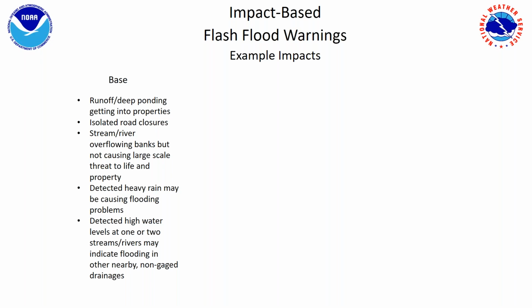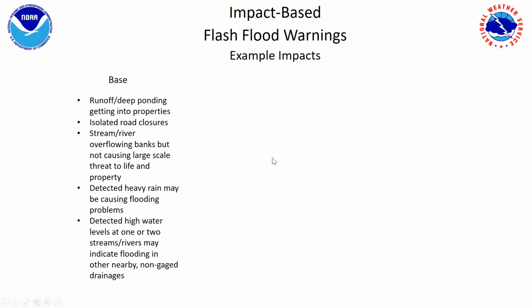For us, because we issue a lot of warnings here at HFO based on radar, we don't have the impacts yet. We're trying to get lead time, so that's why a lot of it starts off as base. If our rain gauges or radar suggest that you might have significant flooding, we would issue a warning first as a base level event and then transition over as impacts come in.